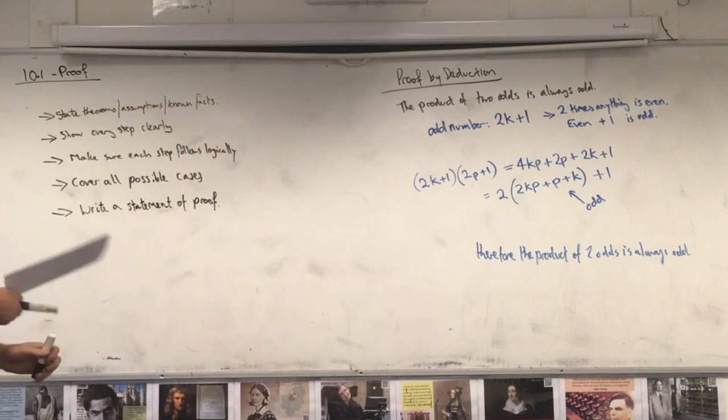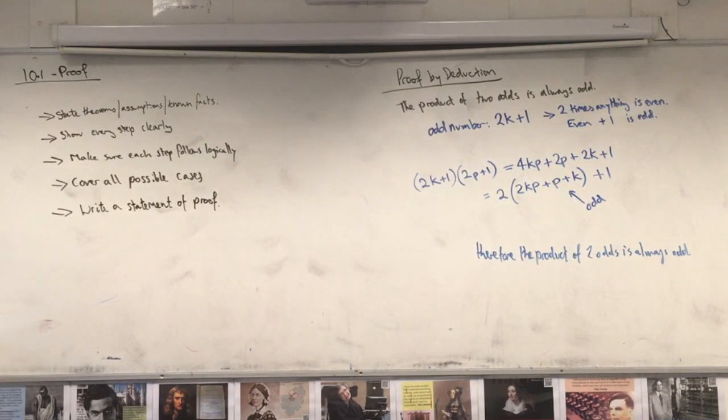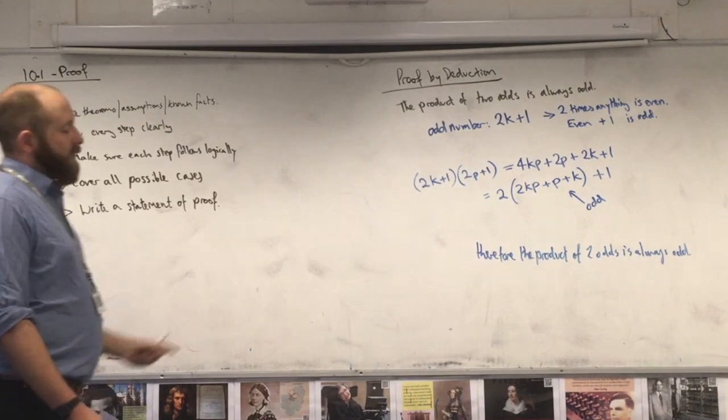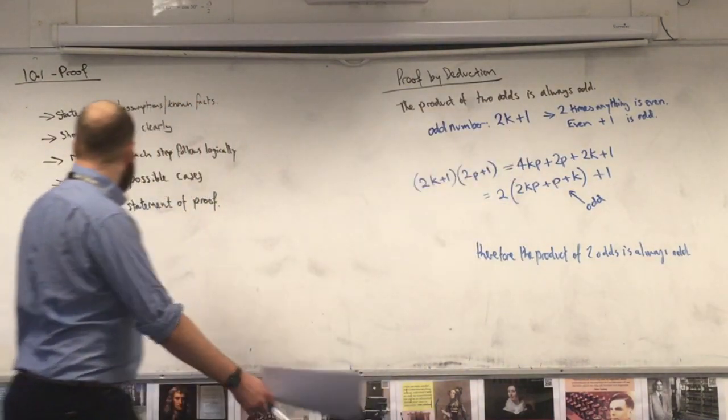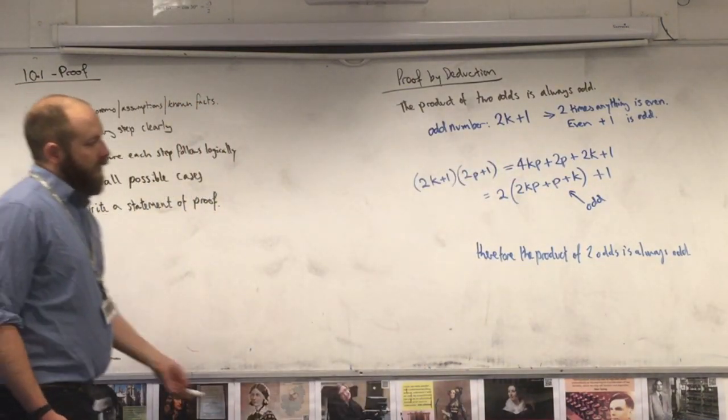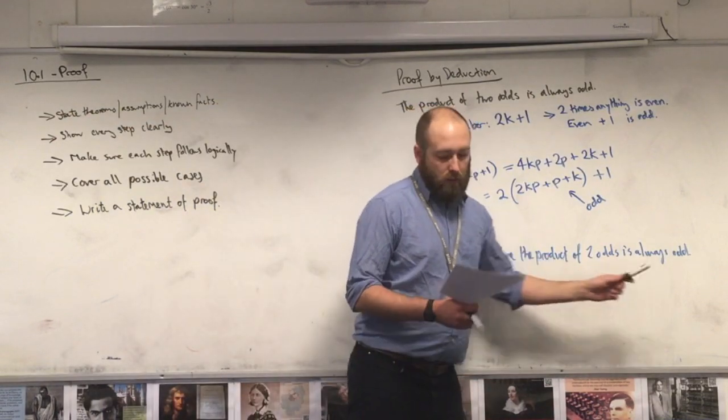Again, just to summarise, state your theorems, assumptions and known facts first, show every step clearly from then on, make sure each step follows logically, cover all the possible cases. So here we had to prove it's true for all odd numbers, so we chose a general way of stating an odd number, and we wrote our statement of proof, therefore the product of two odds is always odd.